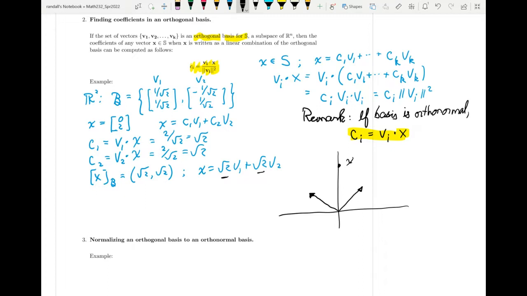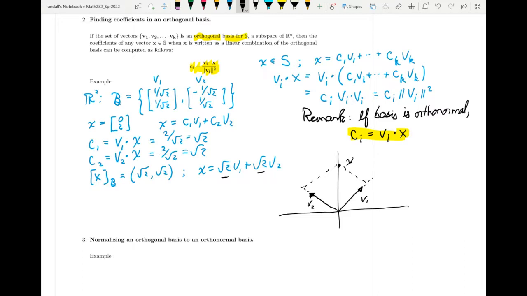So the way you sum up to this vector here would be slightly increasing the lengths of v1 and v2 by a factor of square root of 2. Okay, so that would be a parallelogram if I drew it more carefully, where x is the diagonal line from the origin to x.